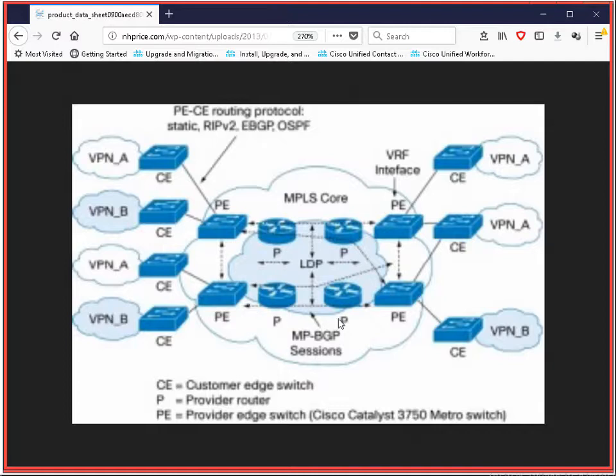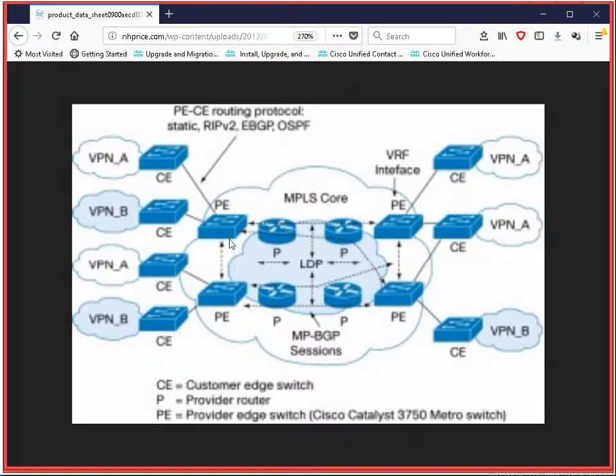Inside the core, between the PE routers and the P routers, we're running some sort of core IGP, most likely something like ISIS. But remember, MPLS is not a routing protocol. It's a switching protocol. It's actually kind of a mix between routing and switching. It actually sits at layer 2.5.